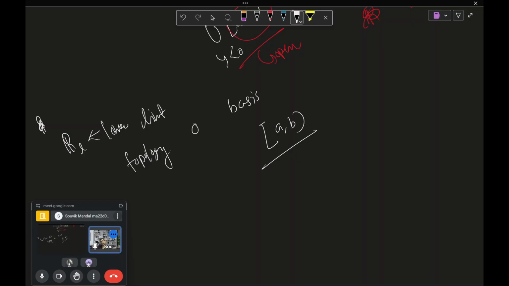This forms a base, and the topology generated by this type of basis is called the lower limit topology. Lower limit does not essentially mean a lower limit of something; it is the name of the topology. So the base elements are of the form [a, b), and this is the definition of the lower limit topology. Now, do you understand? Yes, sir.